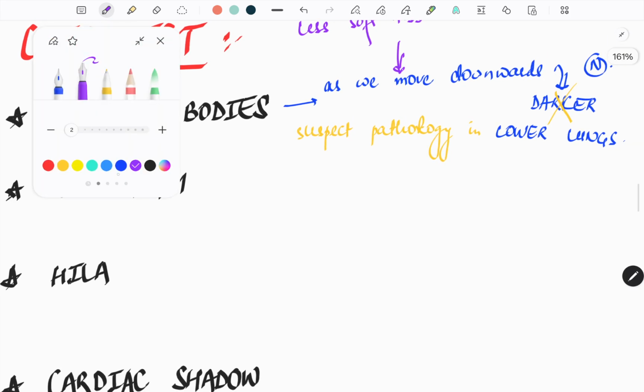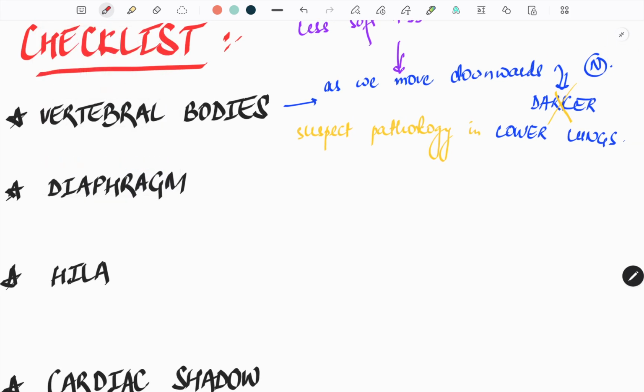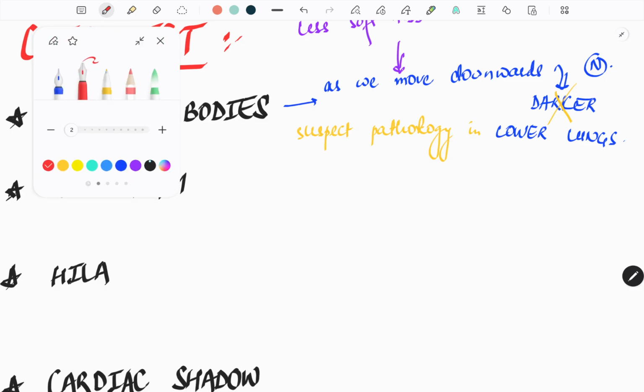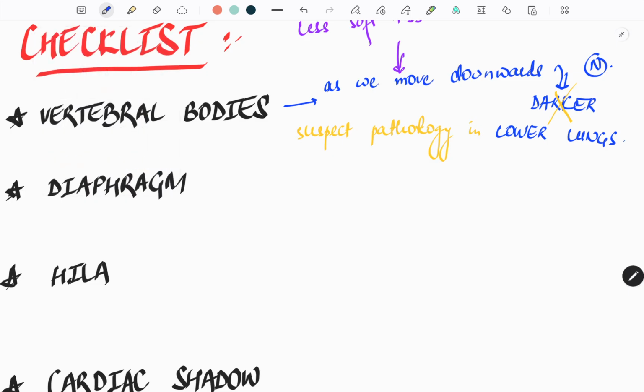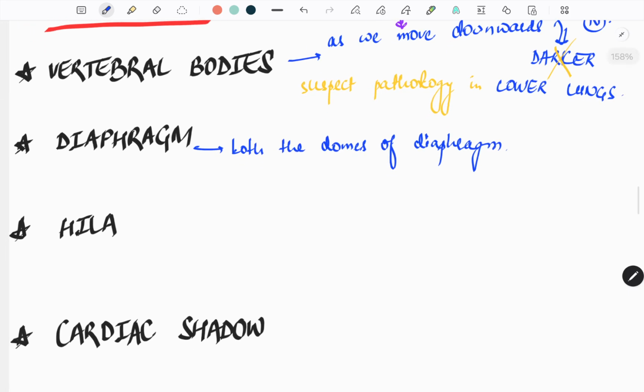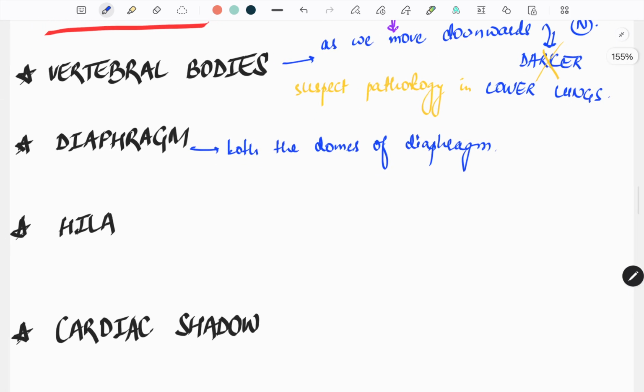Next, we should compare both the domes of diaphragm. Both the domes of diaphragm should be clearly visible and seen throughout.